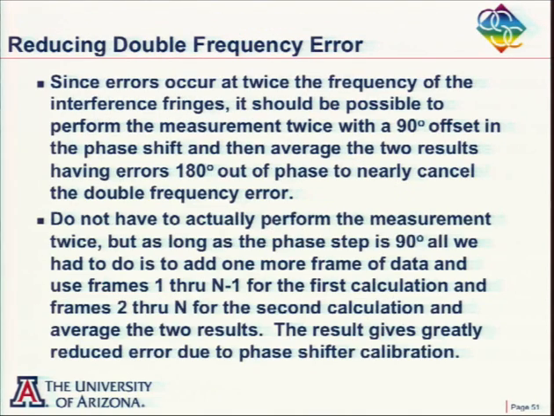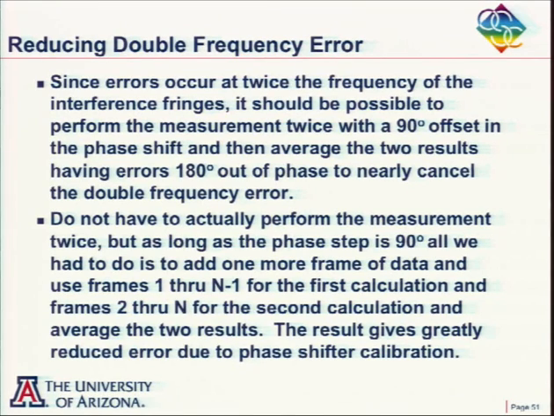Well, let's think here for a second. The errors occur at twice the frequency of the fringes. So if I take 2 measurements, where for the 2 measurements there's a 90-degree offset in the phase shift, then the errors are out of phase by 180 degrees.